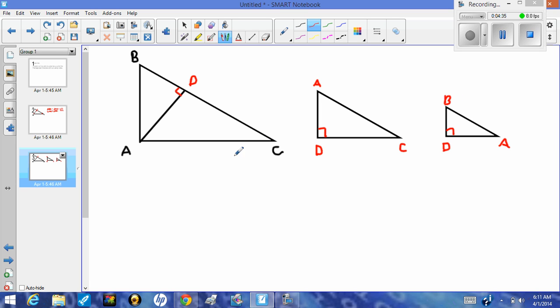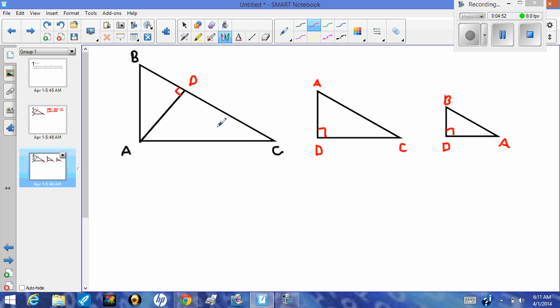Let's start looking for proportions now. We know they're similar, so we know they're proportionate. So we're going to make some ratios out of these. I'm going to start with the large triangle and the medium triangle, and I'm going to say that, sorry, brain freeze, there we go.